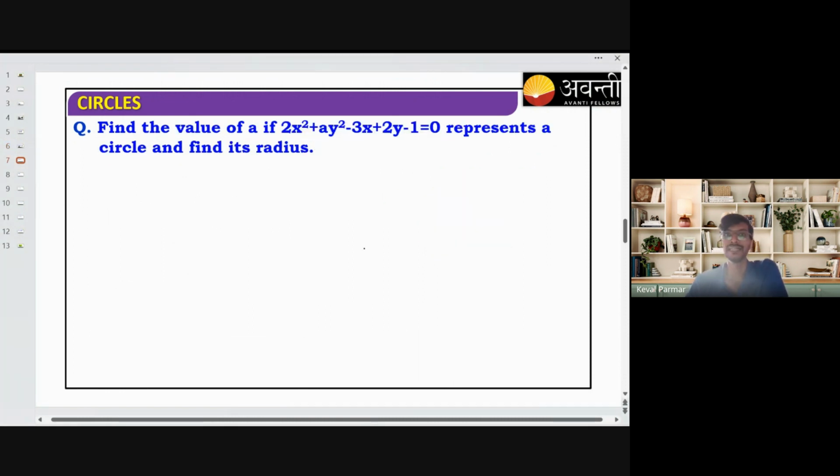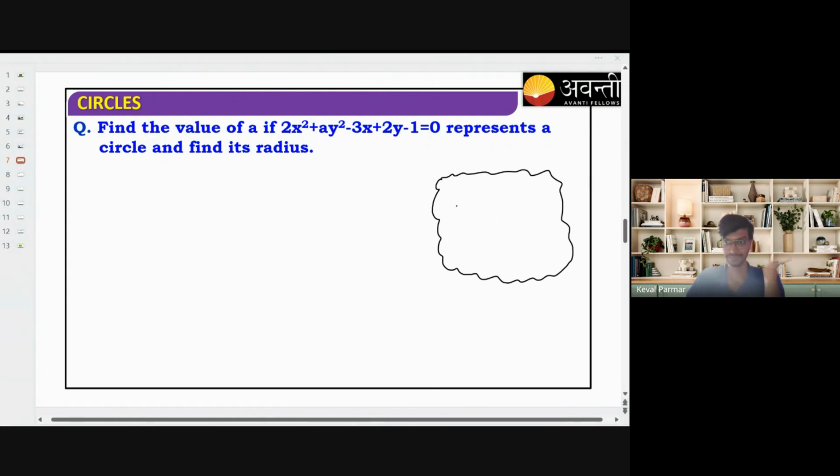Next, find the value of a if this represents a circle. Now remember, we also did this in the last lecture. When does an equation represent a circle? For an equation to represent a circle, we require two things.